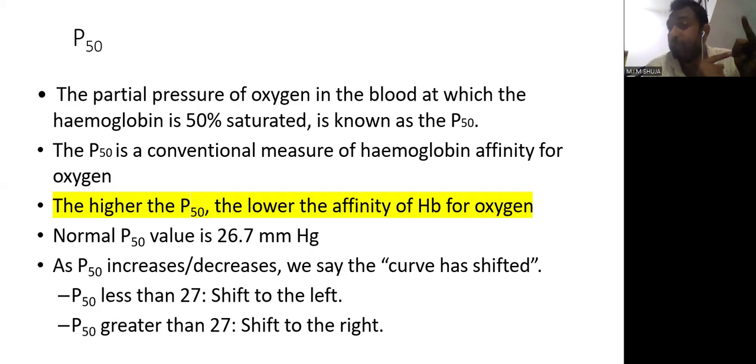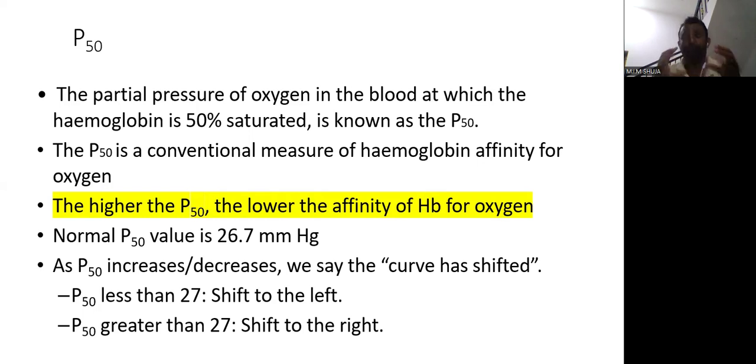So the hemoglobin binds less to oxygen. So the hemoglobin loses or dissociates or gives more oxygen. At lung level, you should have higher affinity for oxygen to catch oxygen. At the tissue level, you should have low affinity for oxygen to release or give oxygen.